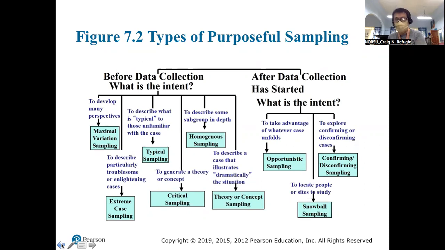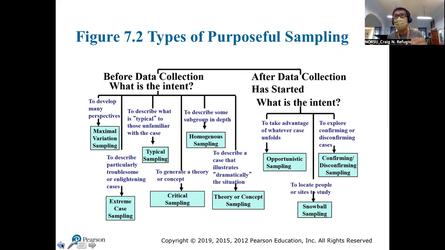Now, on the other side, after the data collection has started, what is the intent? To take advantage of whatever case unfolds, you look into opportunistic sampling. There is already an opportunity to meet the possible samples, so make use of that. Then to explore confirming or disconfirming cases.